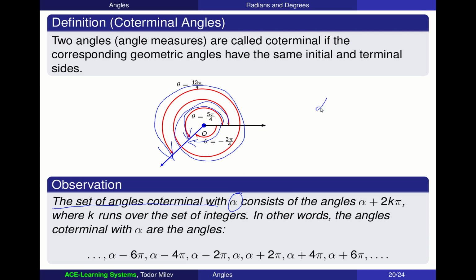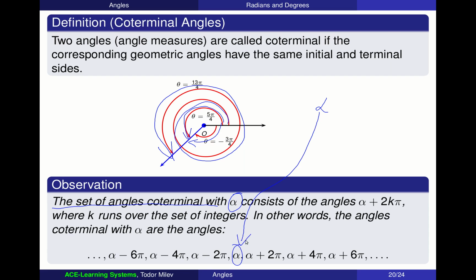Suppose I'm giving you an angle alpha and I'm asking you to find all the coterminal angles. All you need to do is form all numbers of this form. Here's the number alpha that I gave you.